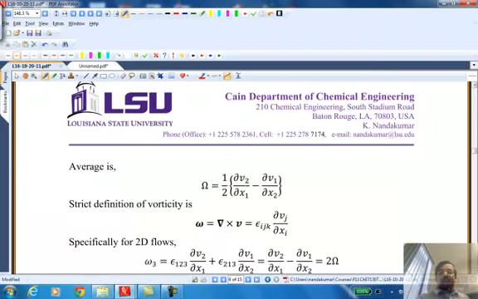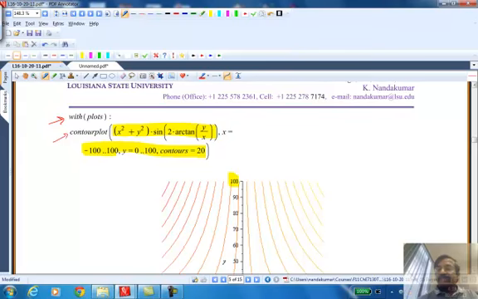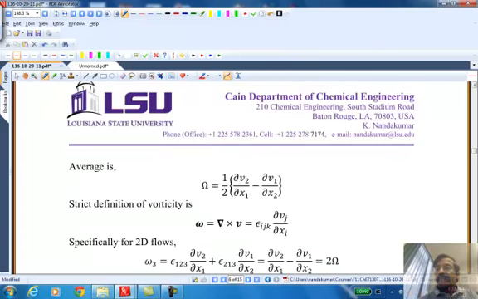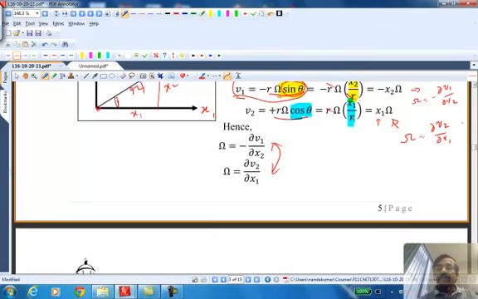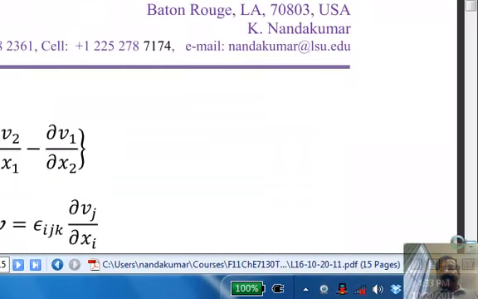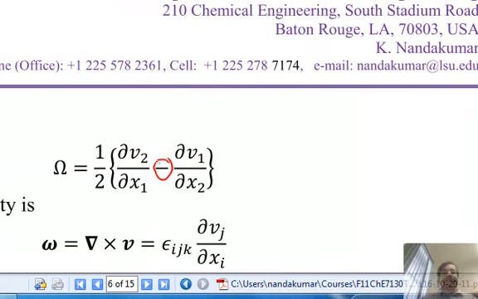One half of dv1 dx2 plus dv2 dx1, but remember, one of the definitions has a negative sign in there. We're adding them to take the average, but one of them has a negative sign, and that's why we get the negative sign here.